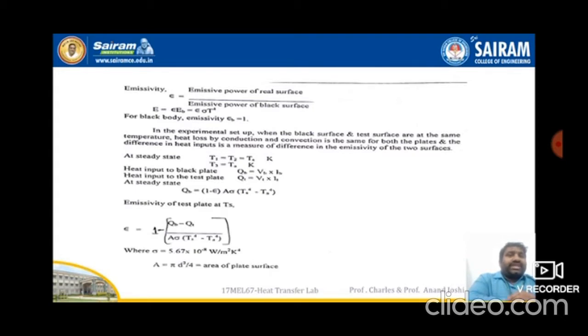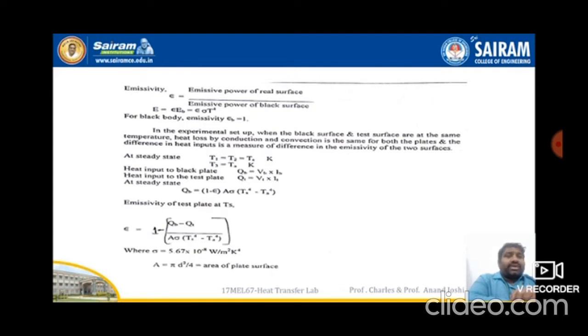At steady state, T1 is equal to T2 is equal to Ts, and T3 is equal to Ta, in Kelvin. The heat input to the black plate is QB equal to VB into IB, and the heat input to the test plate is QS equal to VS into IS. These are all controlled by the thermostats.